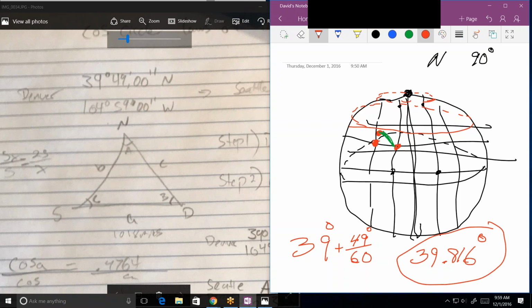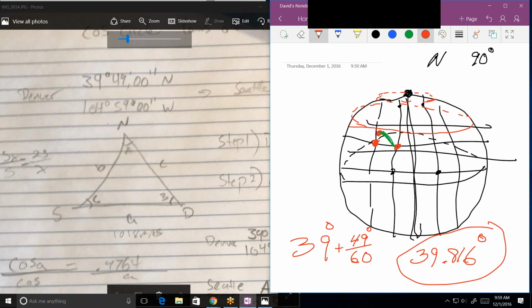That's what they mean by converting it into a decimal degree. In other words, when it's in degrees, minutes, and seconds, there are 60 minutes to a degree, and there are 60 seconds to a minute. Yeah, I understand that part. So when it says 49 minutes, it really means 49 divided by 60 degrees.